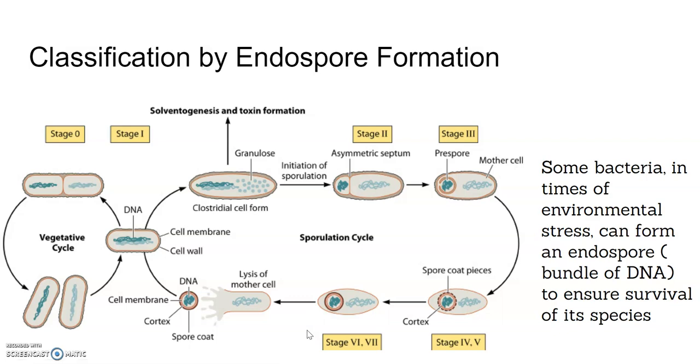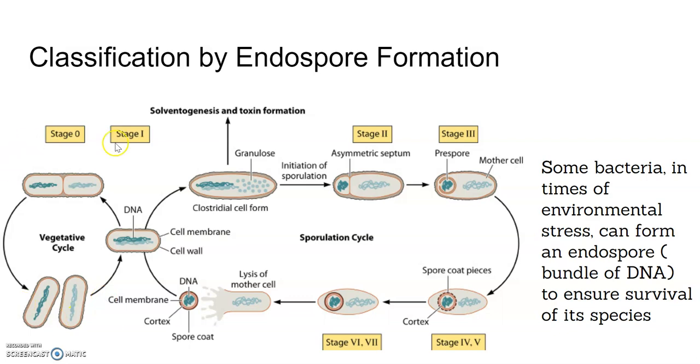You can also classify bacteria based on whether they produce spores. In times of environmental stress, some bacteria, a very limited amount actually, will form an endospore. This is basically a teeny tiny little protein coat filled with DNA. Now, you might think bacteria are already basically little blobs of DNA, but this is really serious.